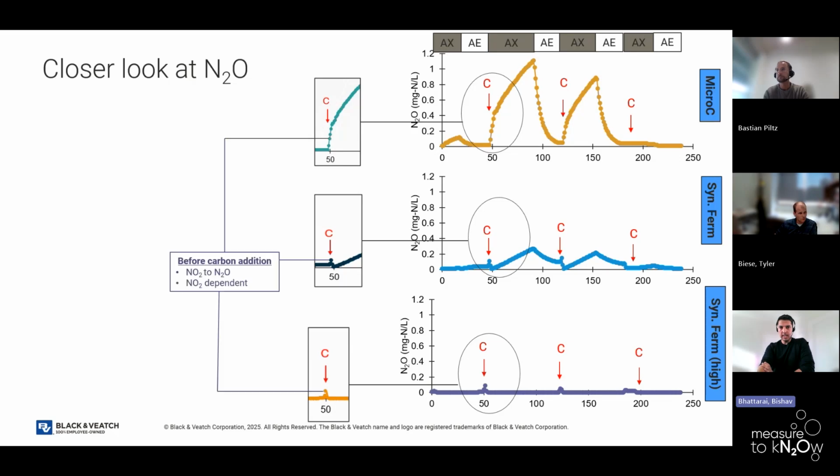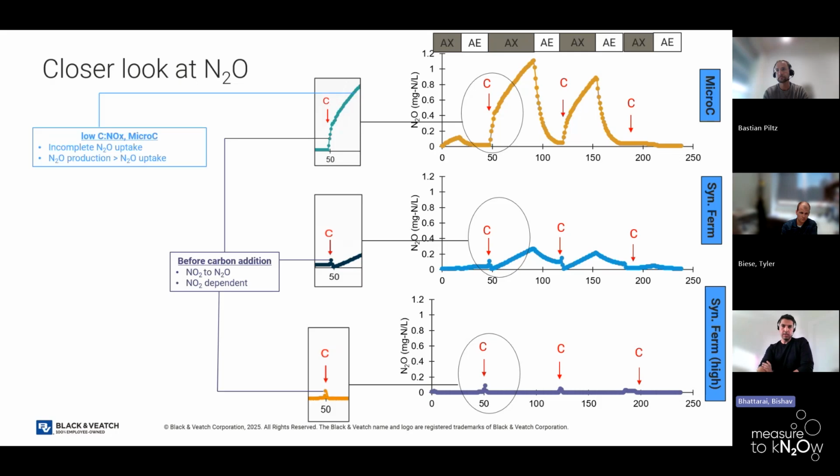So we see that before the carbon is added, the air stops and there is a couple of minutes lag before the carbon dose happens. We always see some nitrous oxide production. It might be that nitrous oxide was getting stripped off and that stopped, or it's a transition between the aerobic and the anoxic where we were seeing that blip of nitrous oxide.